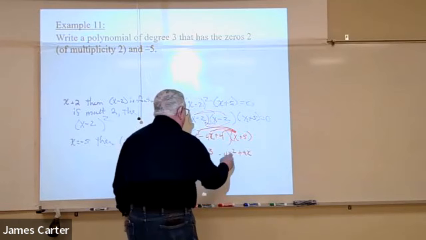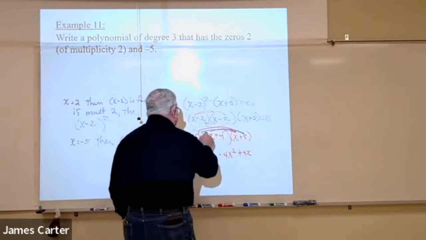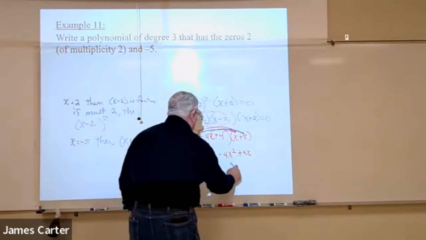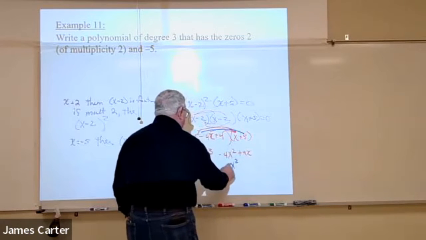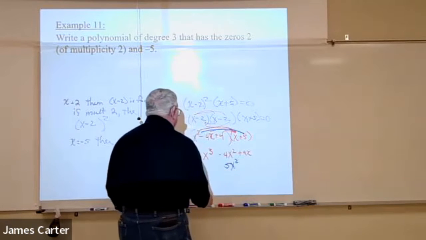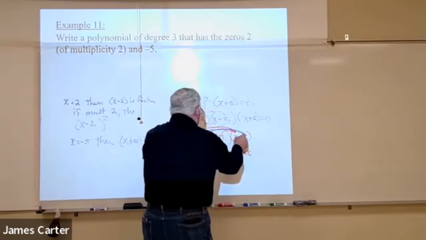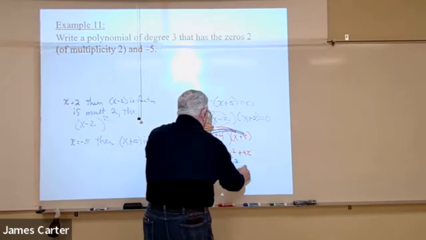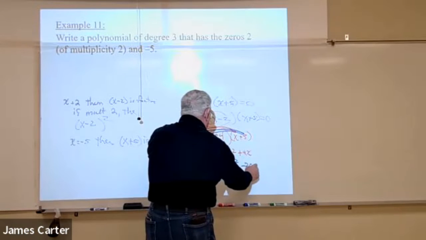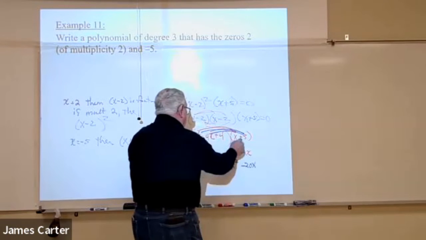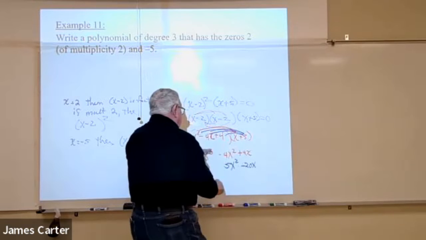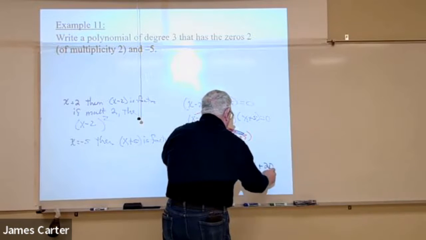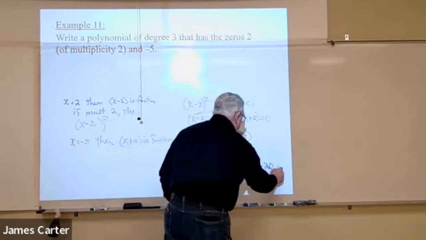Now we've got to take the 5 times the first term, x squared, or 5x squared, excuse me, times the second term gives me -20x, and times the last term gives me plus 20 equals 0.